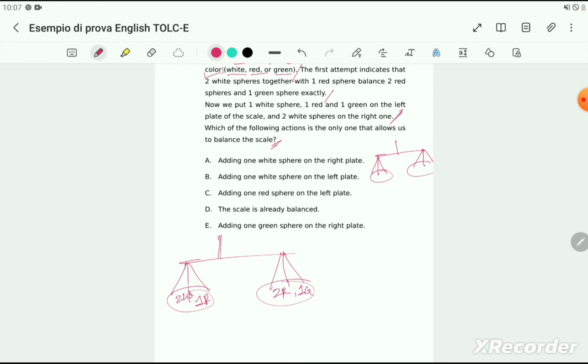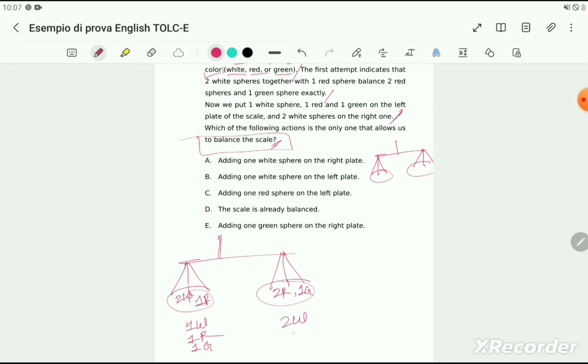Okay, they are balanced. And in the second sentence they told us now we put one white sphere, one red and one green on the left, and on the right side two white. Okay, now they said which of the following actions is the only one that allows us to balance the scale.